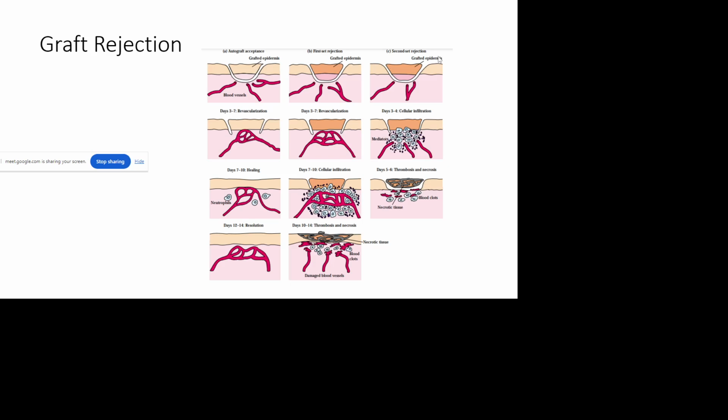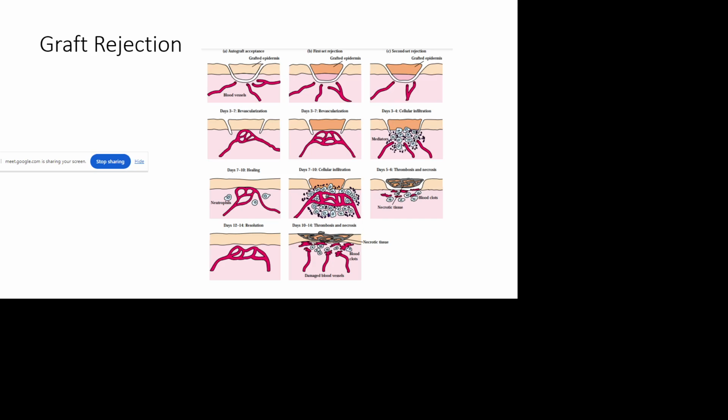Second is second set rejection, where again you are grafting the epidermis here, and in this case, before revascularization, there will be cellular infiltration, because if it is too different from the recipient, then at day 3 to 4 the cellular infiltration will begin before the vascularization, right? As a result, the lymphocytes will migrate and cause thrombosis and necrosis.